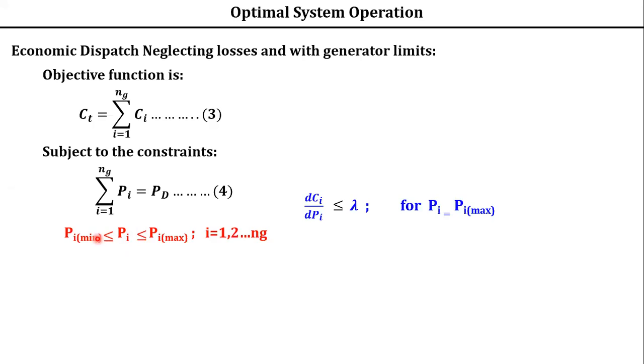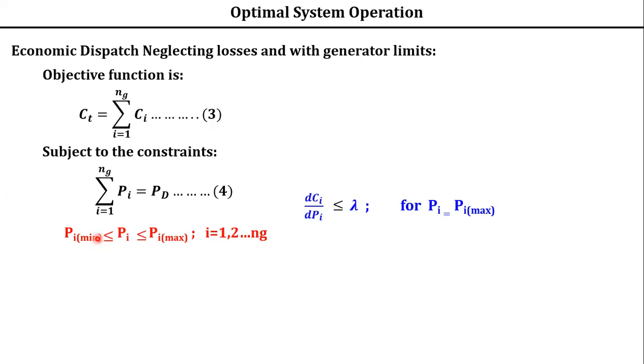So the calculated value has violated the minimum bound, isn't it? Therefore the real power generation at the ith generator must be pegged at the minimum value of 20 megawatts only, not 15 megawatt. Whenever it violates the lower limit, that lower limit has to be assigned to that particular generator. Hope you understood this example.